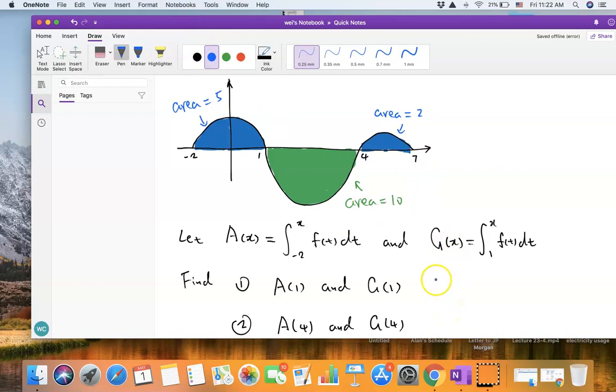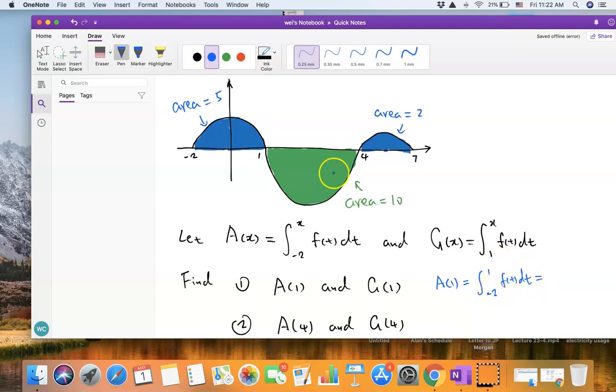So A of 1 equals, to find A of 1, we substitute 1 for x. So in this integral, we replace x by 1. That is the integral from -2 to 1 of f of t dt. Next, we need to know the net area represented by this definite integral.